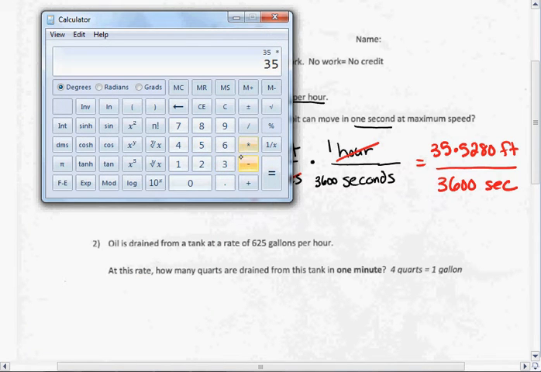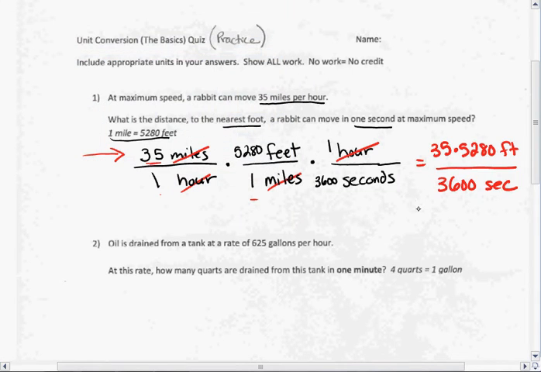35 times 5,280 divided by 3,600 equals 51.3 repeating feet per second.